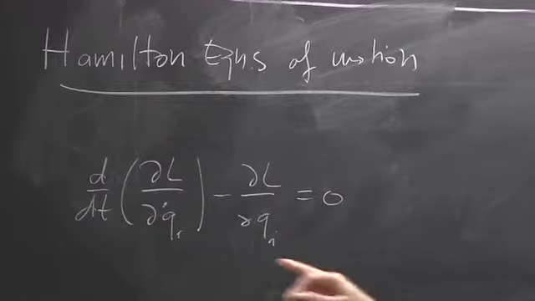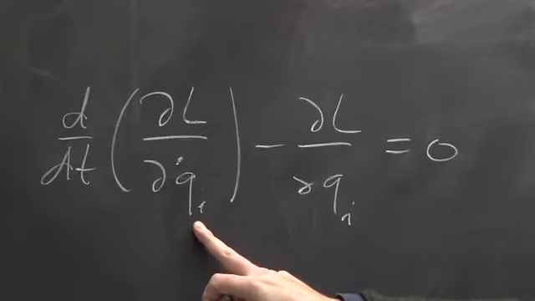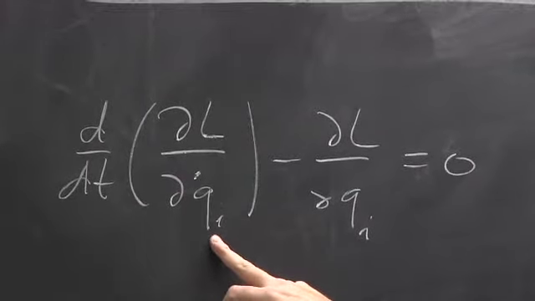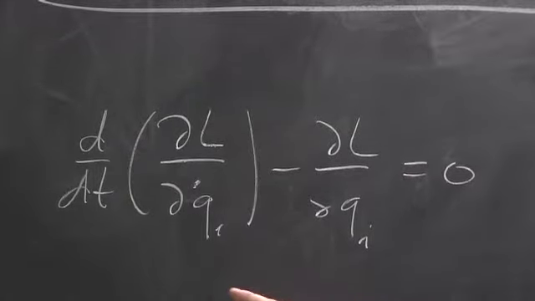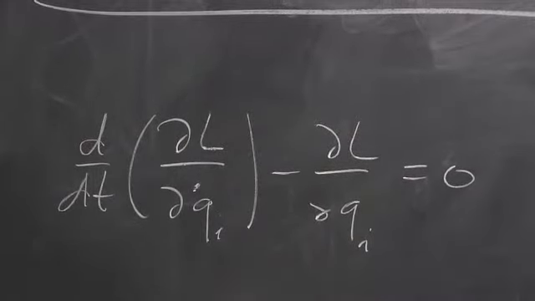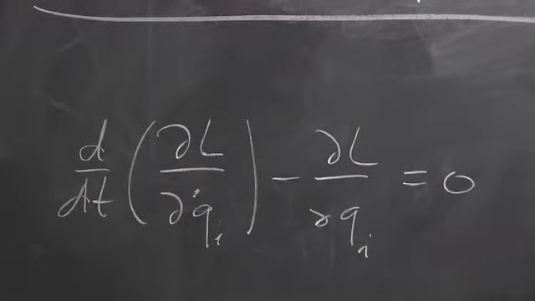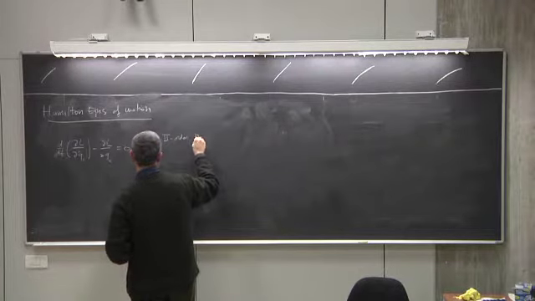So if you have n generalized coordinates, you end up with n second-order differential equations that I just wrote. These are second-order differential equations. So you have n second-order differential equations.